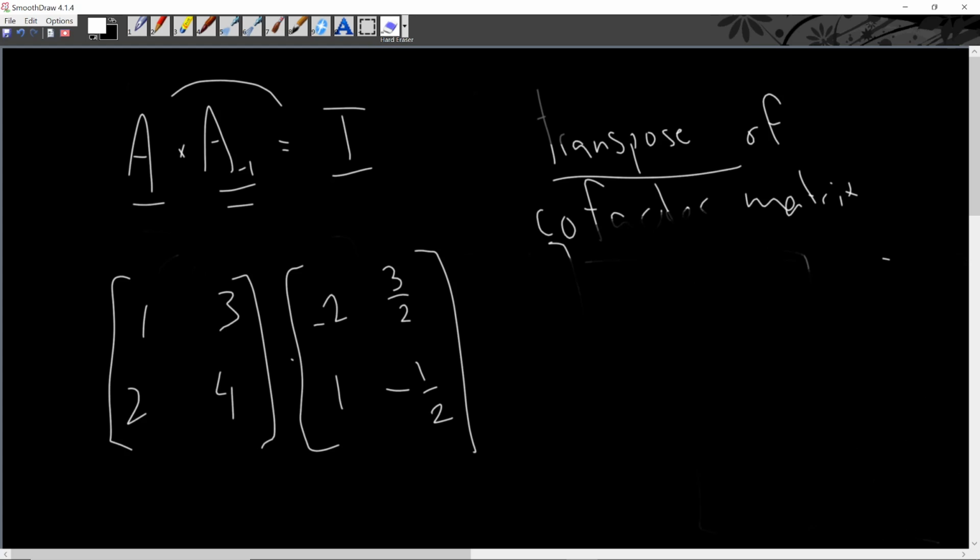We have the ith row, it's going to be i equals 1, and j equals 1. So we're going to have 1 times negative 2 for this C11, 1 times negative 2 plus 3 times 1.